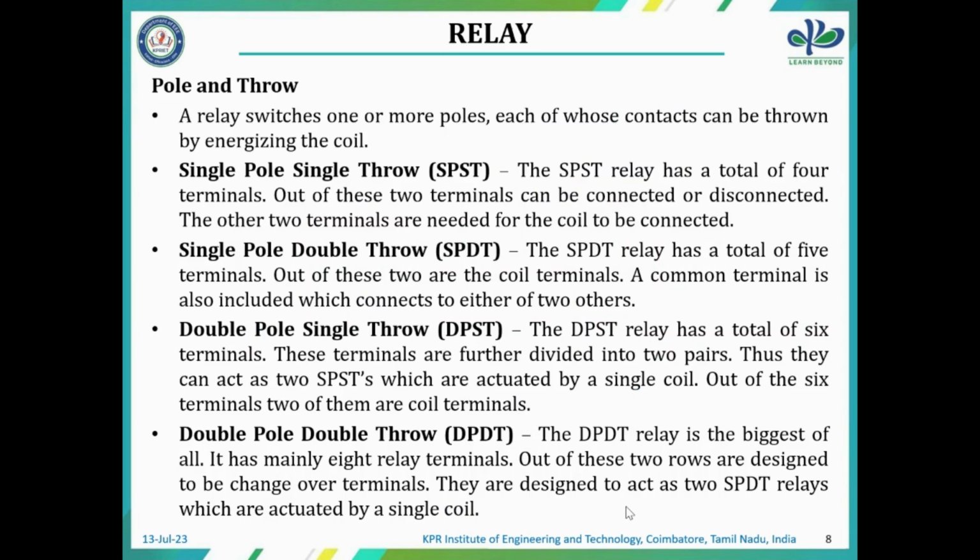This is the classification we have in pole and throw connections. Depending on the pole and throw, we can activate the making or breaking of these NO and NC contacts through the electromagnetic attraction activation.